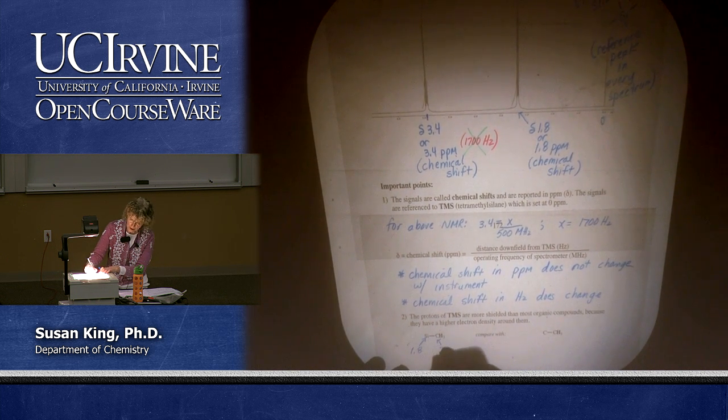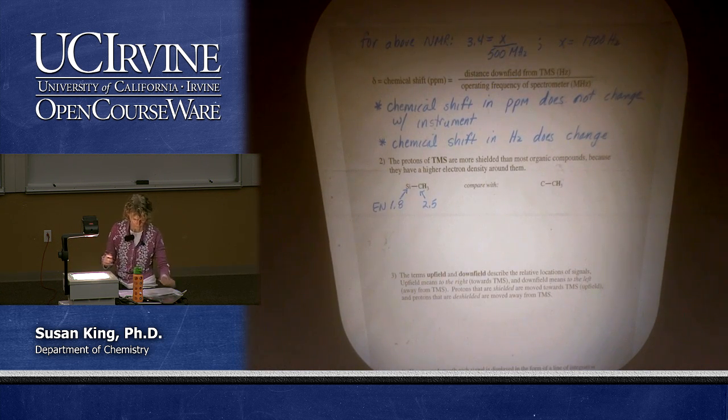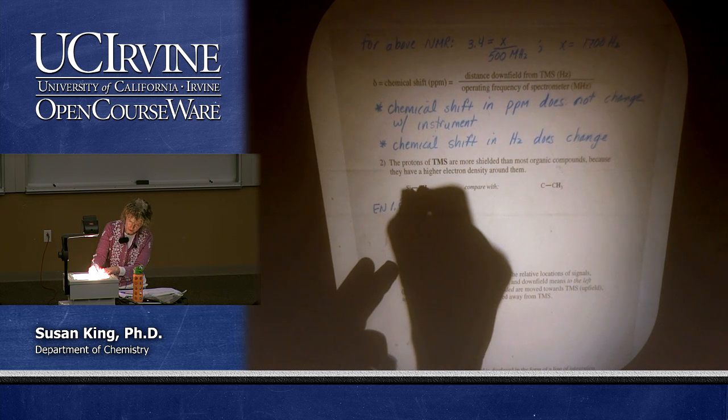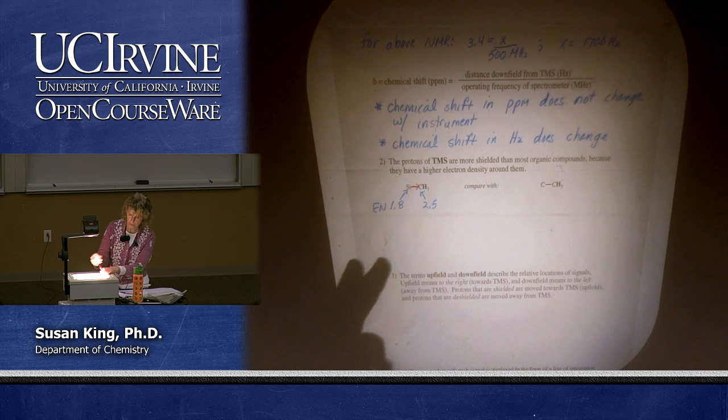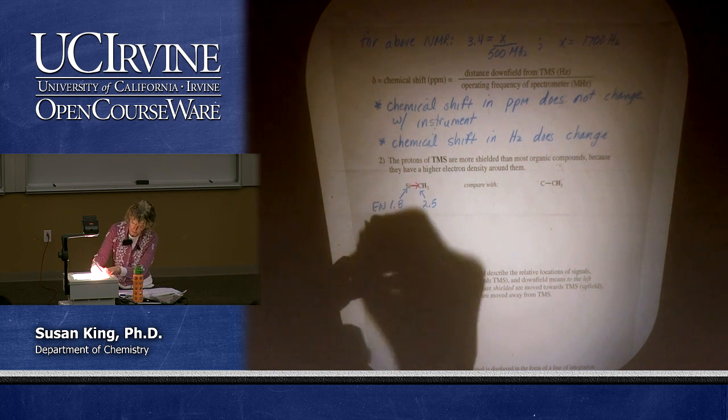Carbon is 2.5 for electronegativity. So as you can see, electron density is flowing towards the carbon that's bearing the hydrogens.